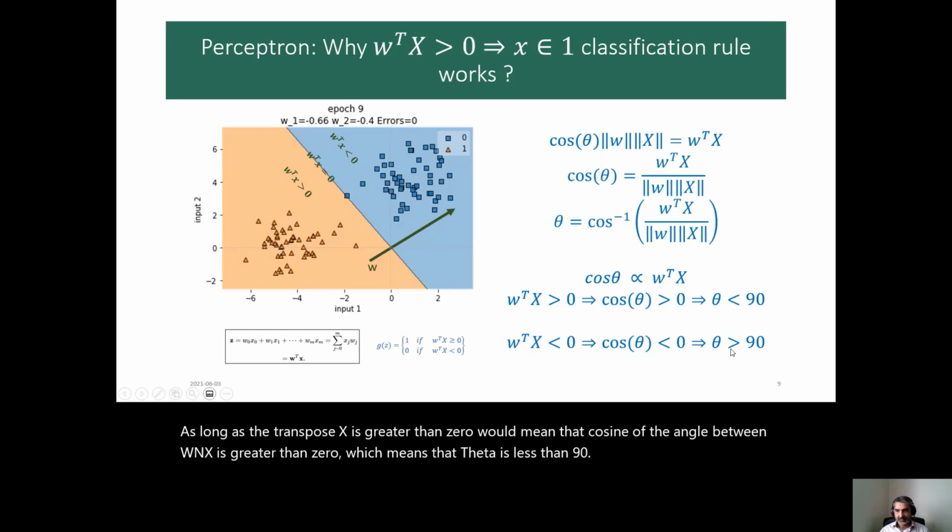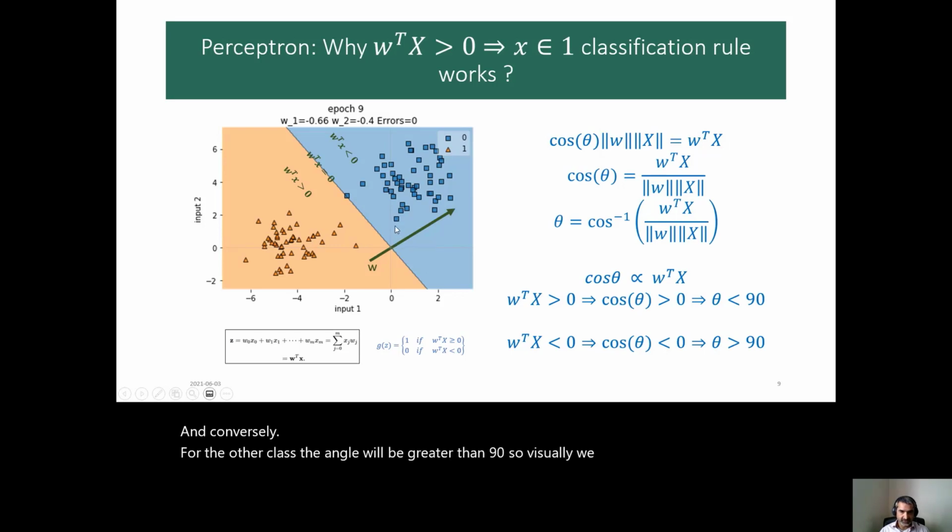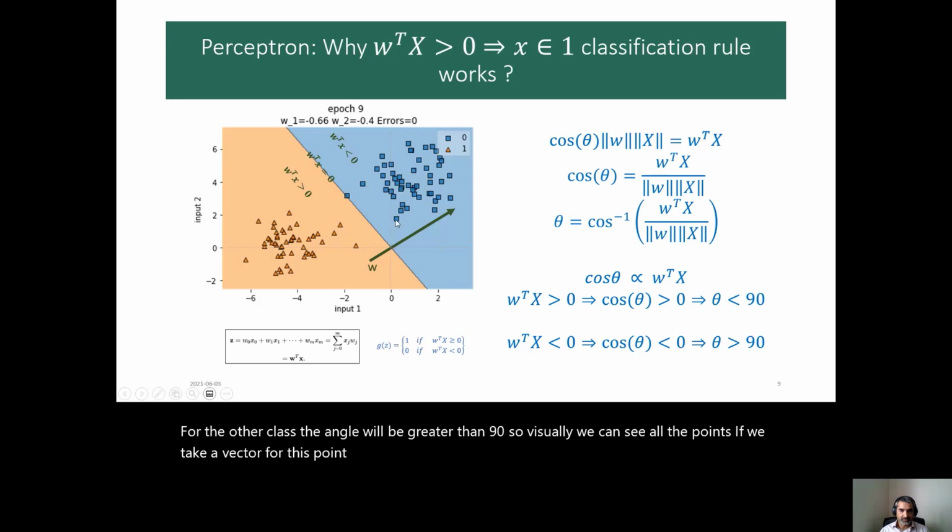And conversely, for the other class, the angle will be greater than 90. So visually, we can see all the points. If we take a vector from the origin to this point, it has an angle less than 90, and for the other class, this vector and the W vector will have an angle greater than 90.